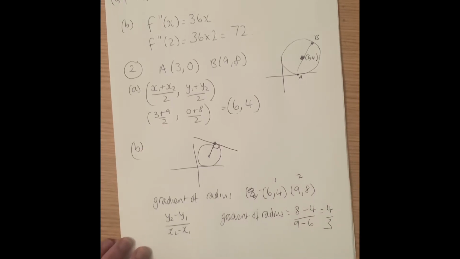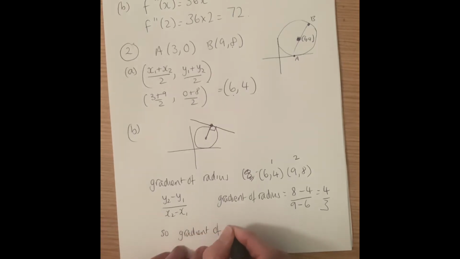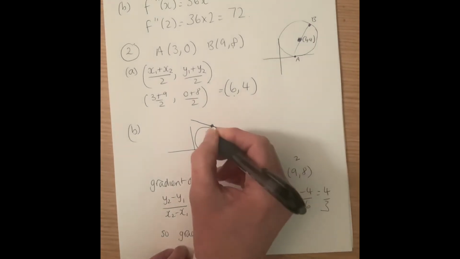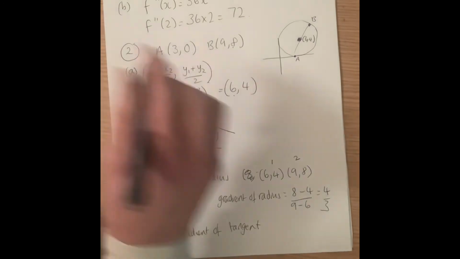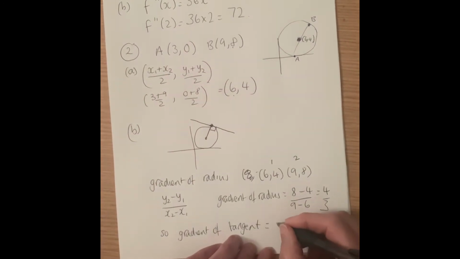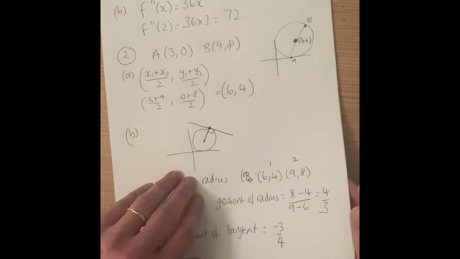Now if the gradient of my radius is 4/3, the gradient of the tangent, and this is only because it's a circle, is at right angles, so I take the negative reciprocal. So make sure you're taking the negative reciprocal there.